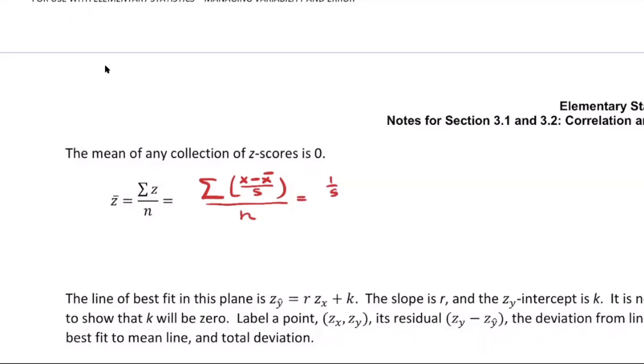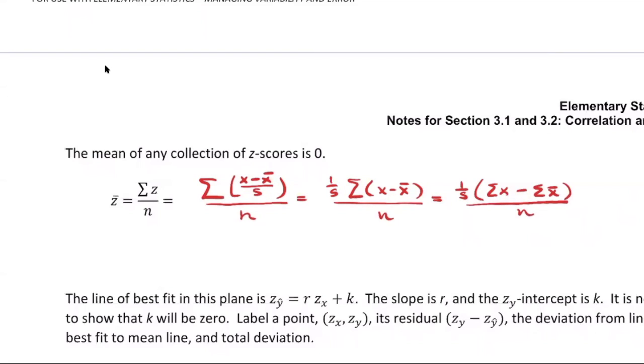And this is the sum of x minus x bar, and then dividing by n. So here you have 1 over s. I'll write this as the sum. We can add in different orders, so you can add the x's first and then add the x bars last, like that. Divide by n.